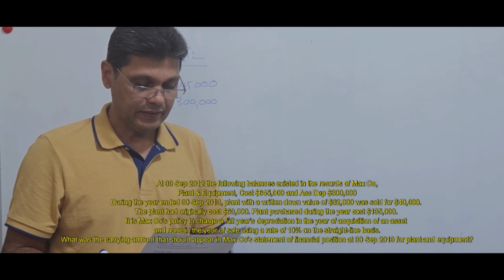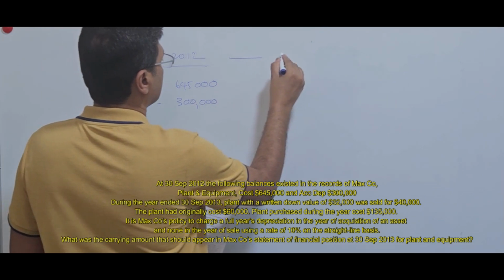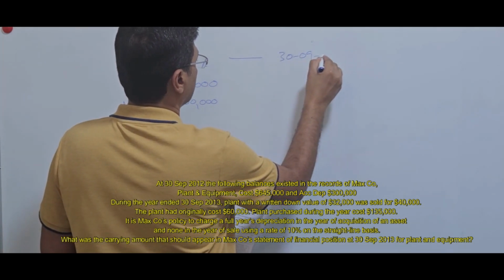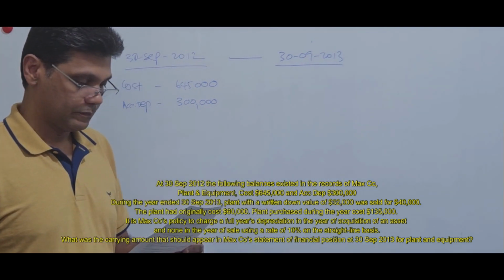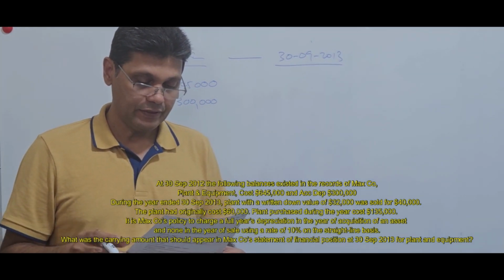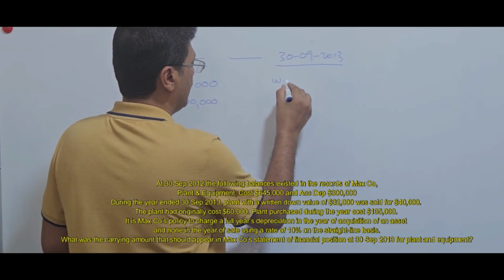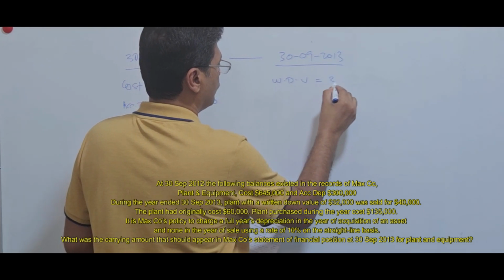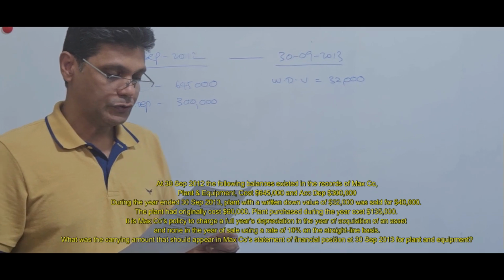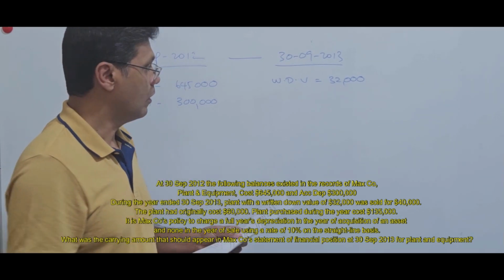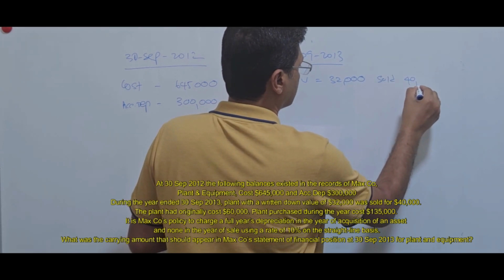During the year ended 30th September 2013, plant with a written down value of 32,000 was sold for $40,000.